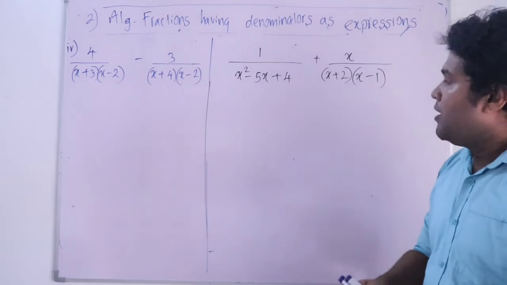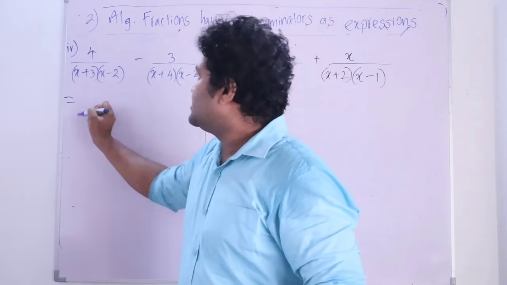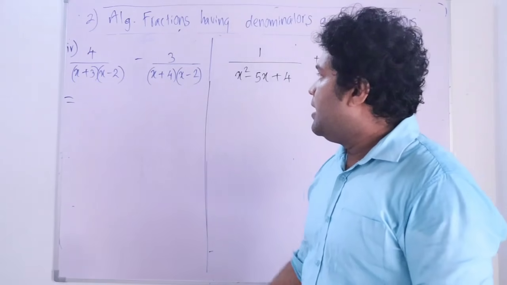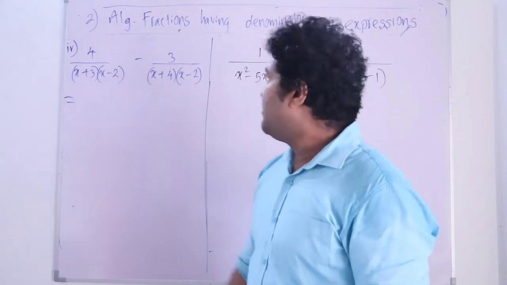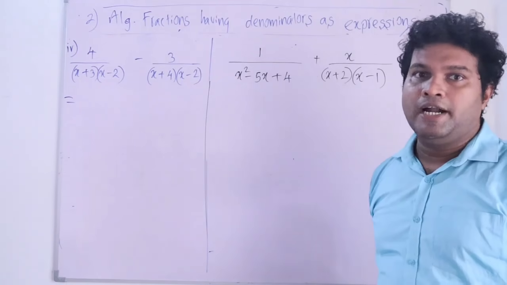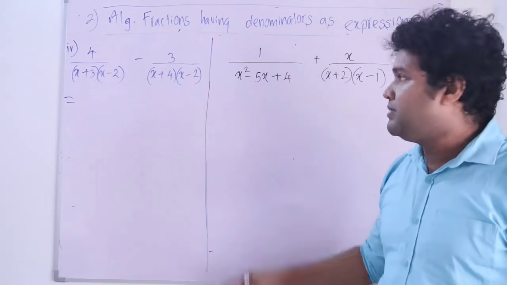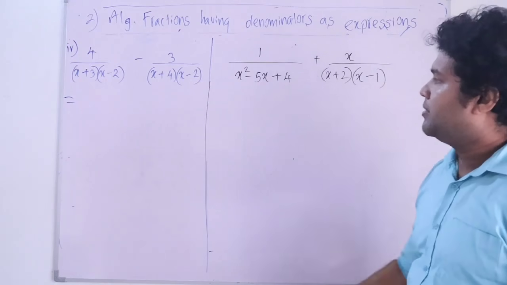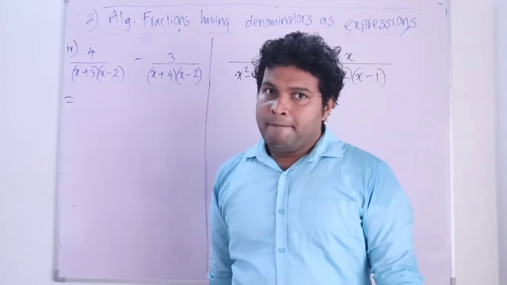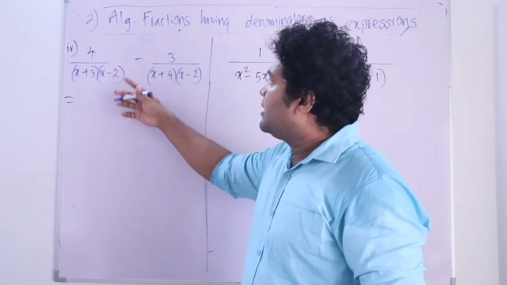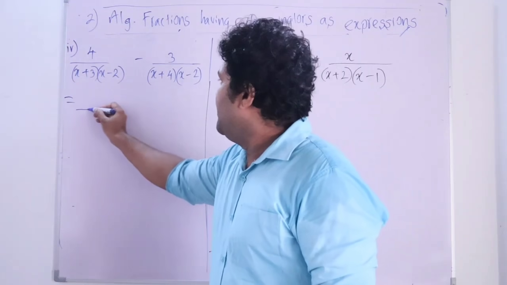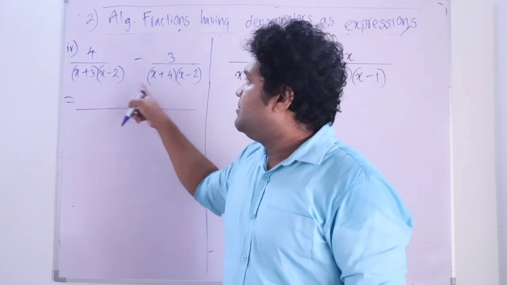Therefore we have to do first the left hand side one. We can start this, but this one we are unable to start until we have factors of the non-factorable expression. This one is factorable, this is non-factorable. But in the first question, we have non-factorable expressions, therefore we have the LCM easily.